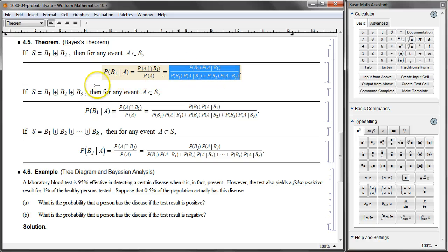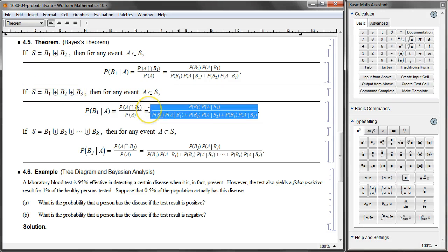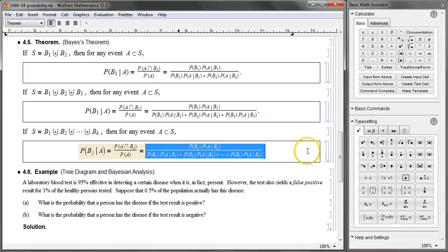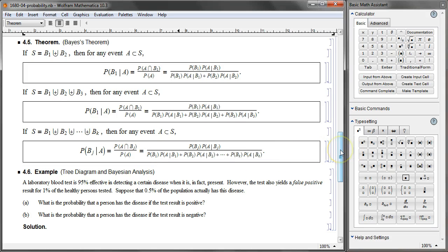If you have 3 mutually exclusive events that add up to the total sample space, then it's more complicated. If you have more than 3, then even more complicated. And these mathematical notations are just too intimidating for a 1000 level course, even though they are important.